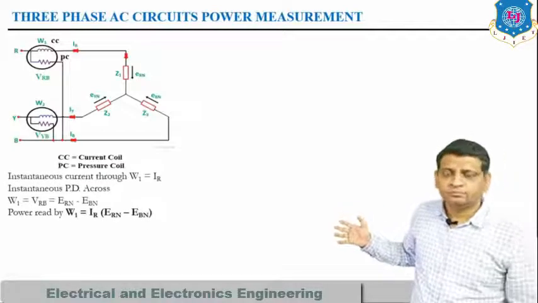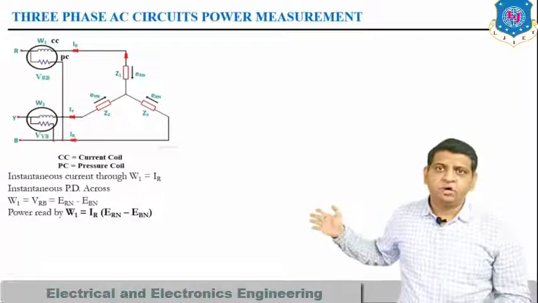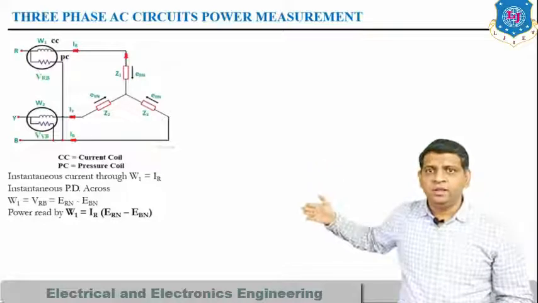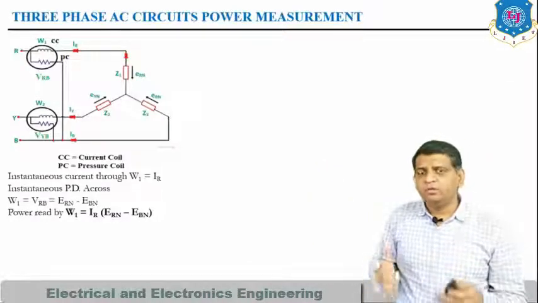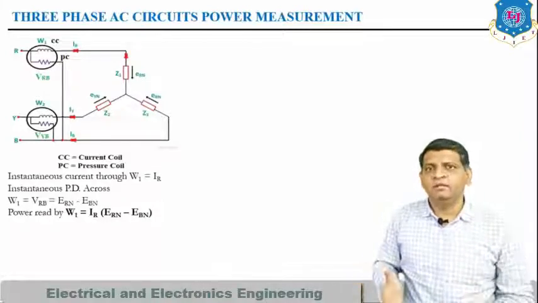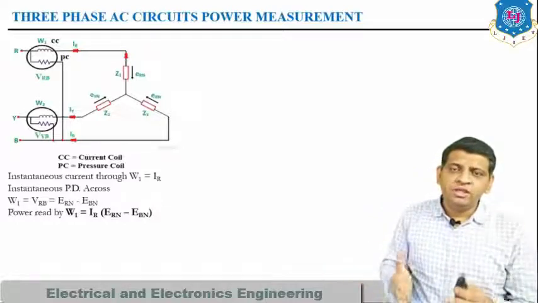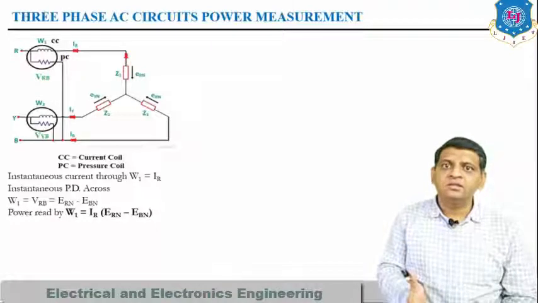Here you can see the current passing through W1 is IR and the voltage across W1 is VRB. So from this I can write the wattmeter reading W1 equals IR into VRB. In another sense, W1 equals IR into VRB, which equals IR into (ERN minus EBN).